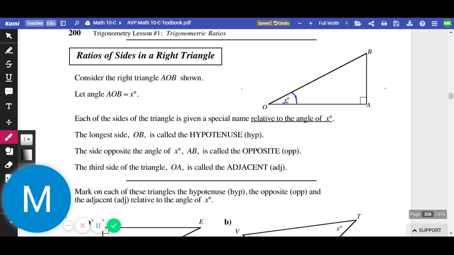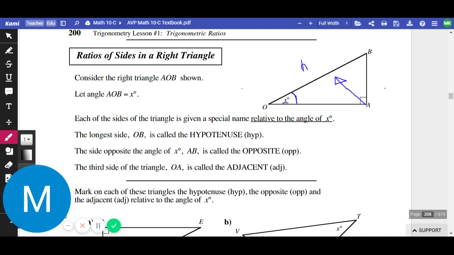All right, the first side that we like to name is called the hypotenuse. I like to name that one first because most of you remember what a hypotenuse is. The hypotenuse is the longest side of a triangle. Right? The longest side of a triangle is always across from the biggest angle. In a 90 degree triangle, it's always the 90 degree. So if you look at the 90 and you look across from it, this is the hypotenuse.